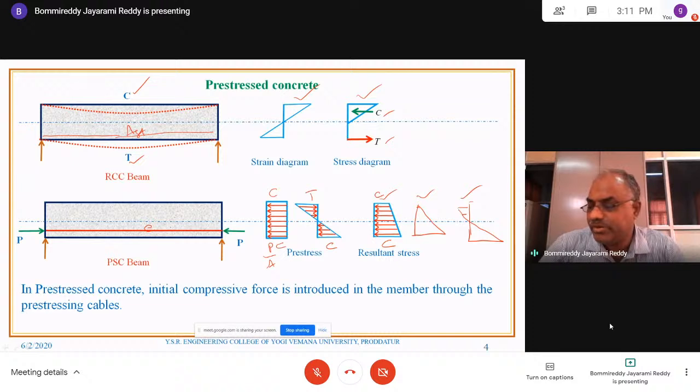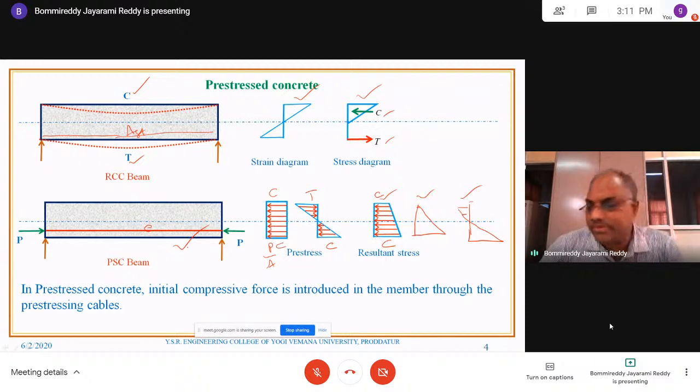That is possible by providing pre-stressing steel below the neutral axis, as shown in the figure. Particularly for a simply supported beam, the pre-stressing steel must always be below the neutral axis if the steel is straight. And if it is curved, depending upon the application and other forces acting, it can be changed.